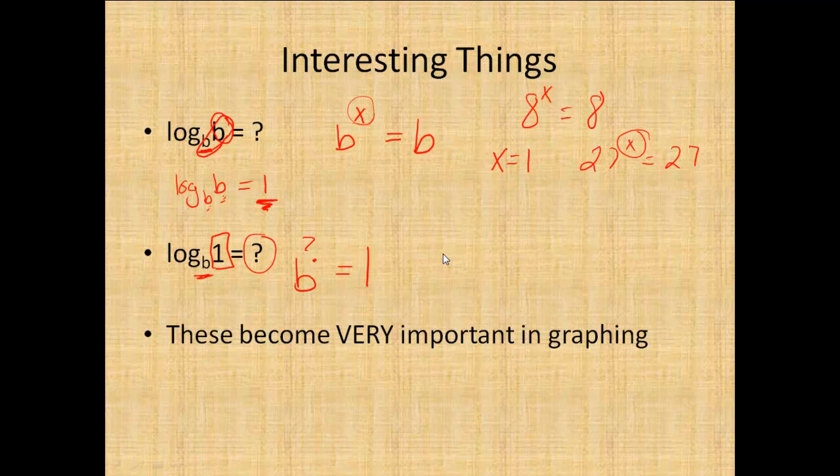So if I had 5 raised to the x is equal to 1, you have to ask yourself, what power of x would give me a 1? And that's the 0. So this one, x has to be equal to 0. If I had 200 raised to the x is equal to 1, has to be 0. So this property here, log base b of 1, is equal to 0.